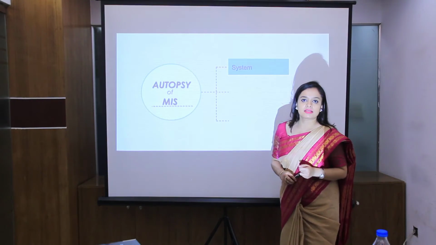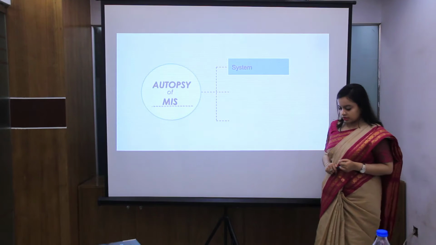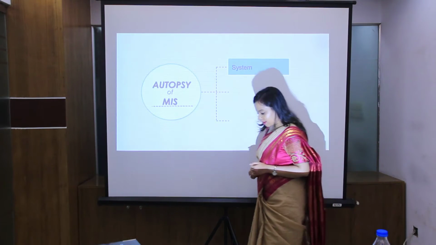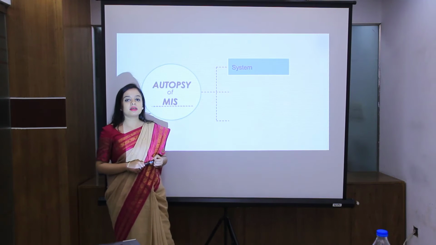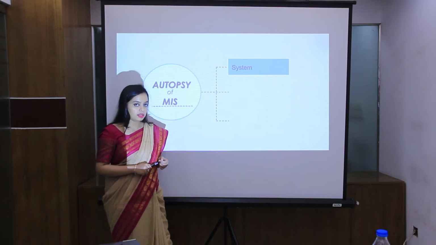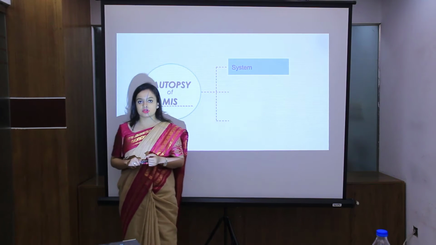There are some subcomponents of MIS. Let's start with system. A system is a combined form of an organization which comprises different subsystems. For example, an organization has different departments like MIS, HR, finance and marketing. These are all subsystems and our whole organization is the master system.